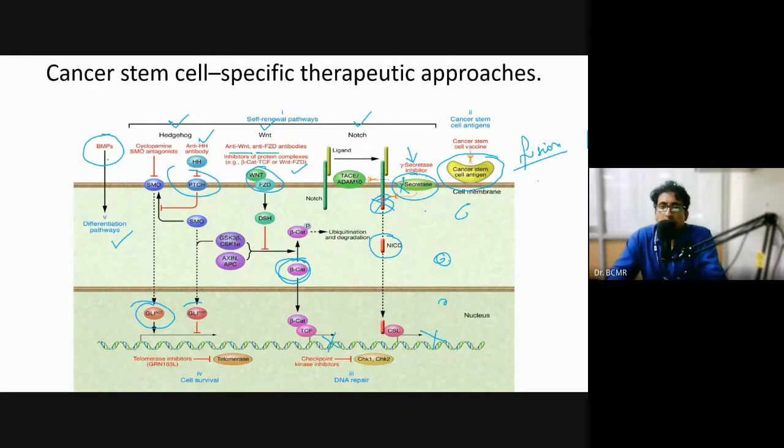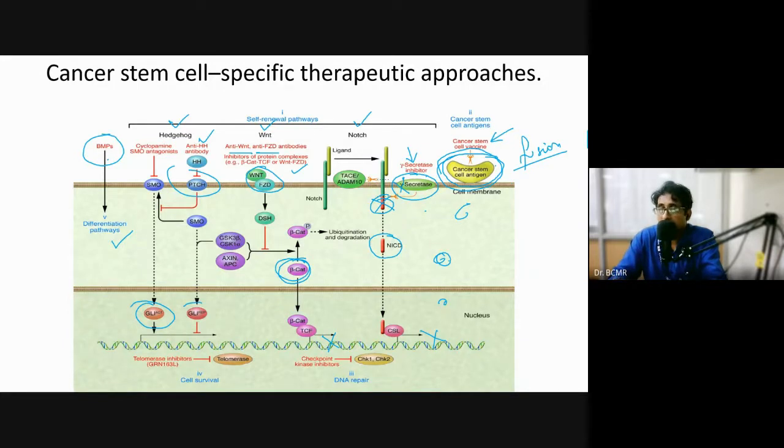But if we can ever in the future know of a specific cancer stem cell antigen, which should not have been found anywhere else in the body, then probably we can generate vaccines against that peptide.